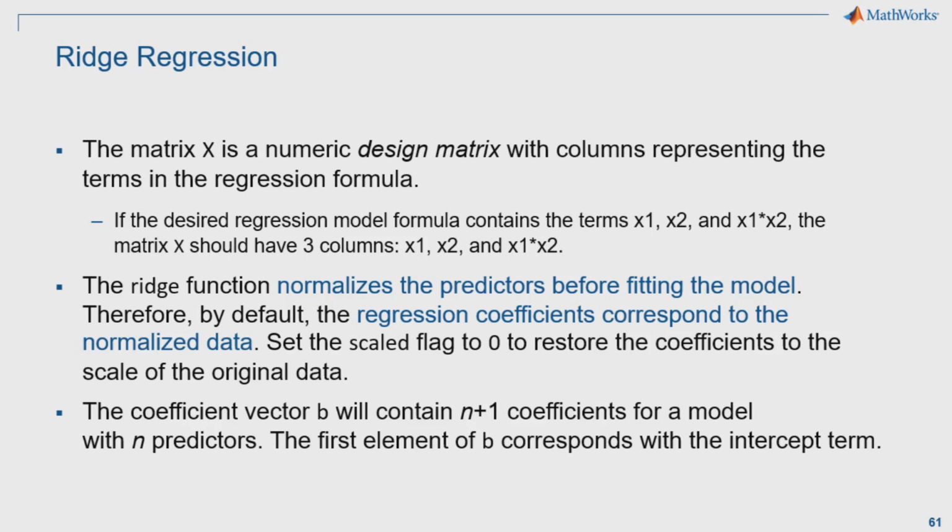So if we want a model with x1, x2 and x1 times x2, we should specify X with 3 columns. In one there is the vector of x1, the vector of x2, and in the last one there is the vector of x1 times x2.